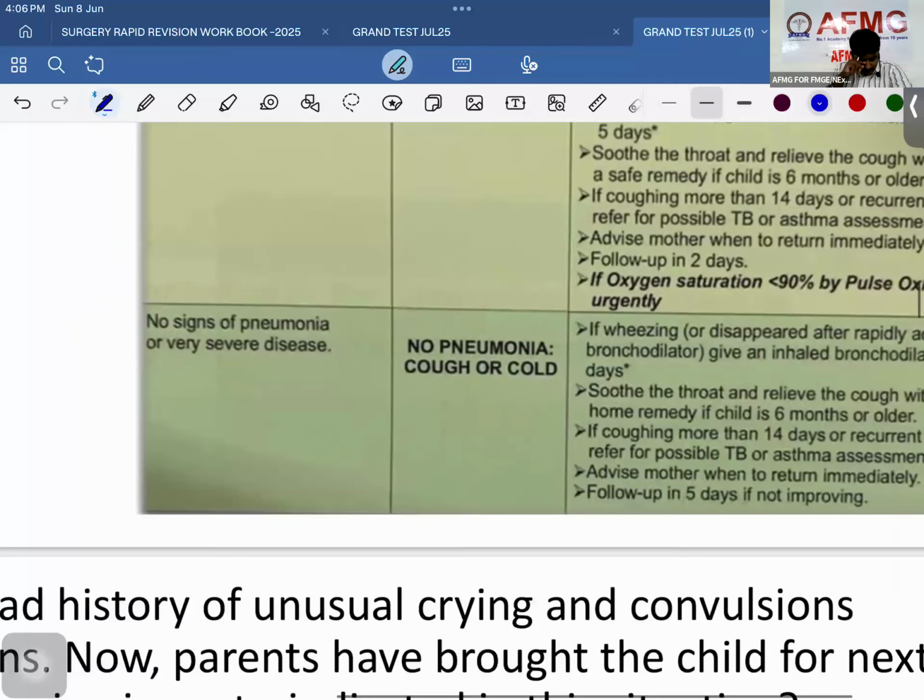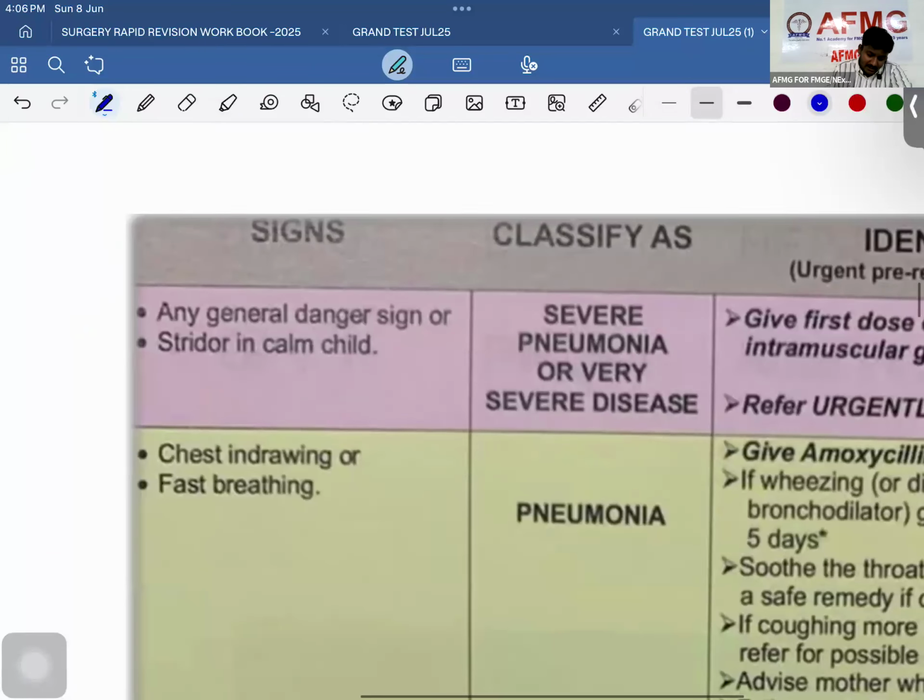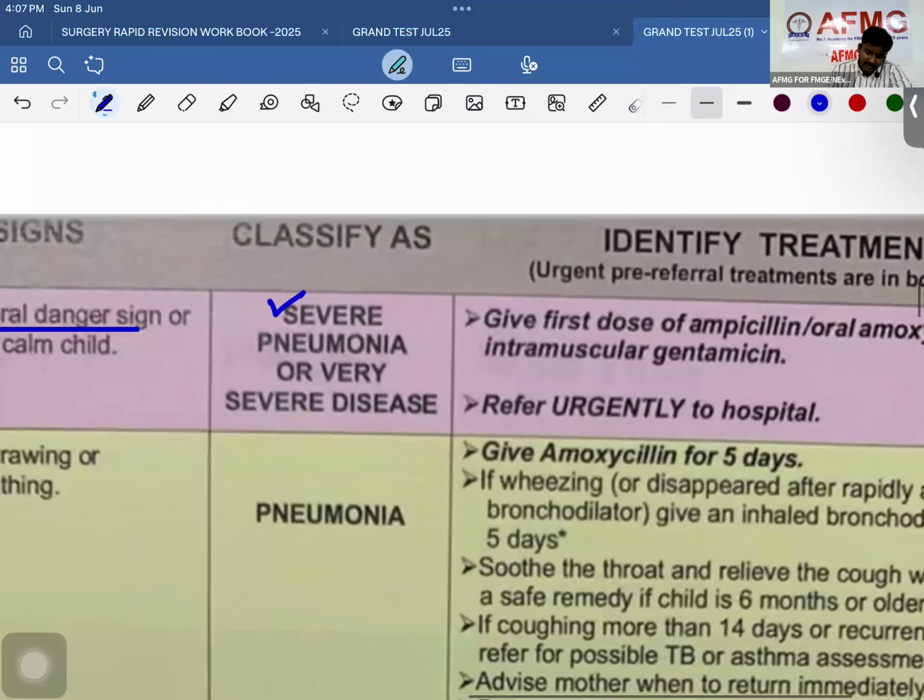So we know, beta, that if the child is having any general danger sign, meaning either the child is unconscious, or the child is having persistent vomiting, or the child is having seizures, or the child is extremely lethargic. Okay, these kinds of signs are called general danger signs, beta. Or if there is a stridor or respiratory distress, all of this will be considered as pink category, that is of severe pneumonia or a very severe disease.